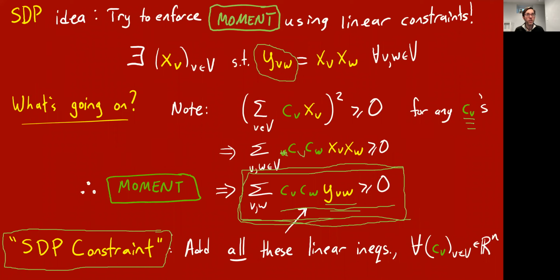So this SDP constraint is actually infinitely many linear inequality constraints on the y's, one for every choice of real vectors C, which are satisfied by any y's that satisfy the moment constraint.